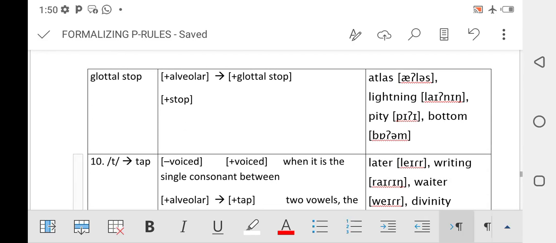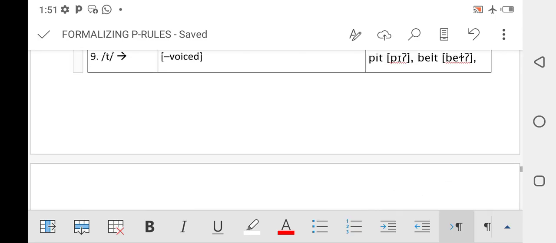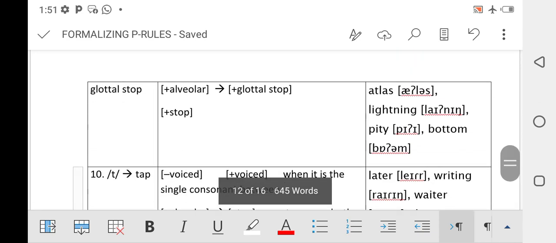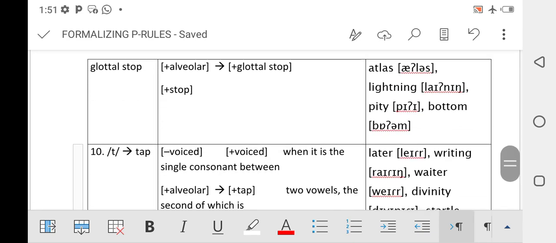You hear that, Pe', bottom, something like that. What happens here is that this voiceless alveolar stop becomes a glottal stop. Atlas, lightning, Pe', bottom. That's what happens in that situation.